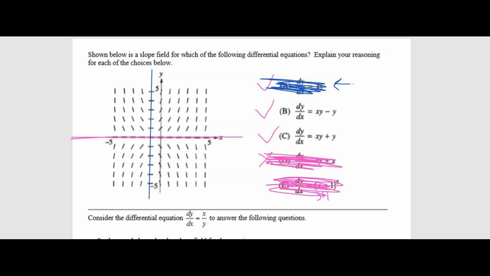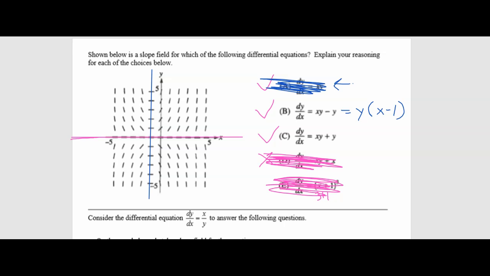For part B, let's see, when x is equal to -1, and this may be a little tougher to see, but if I factor this, let's say I factor out a y, so this is equal to y and then the quantity x minus 1.